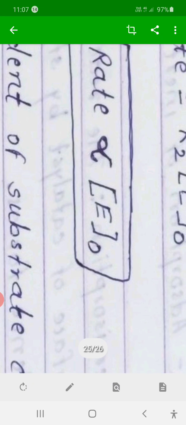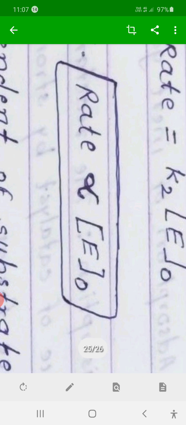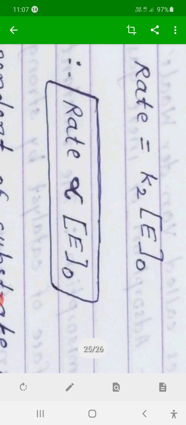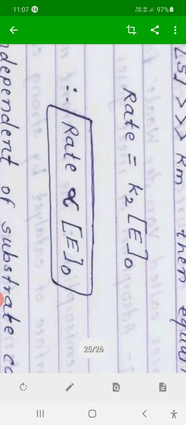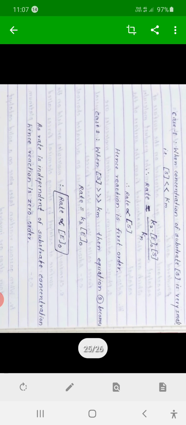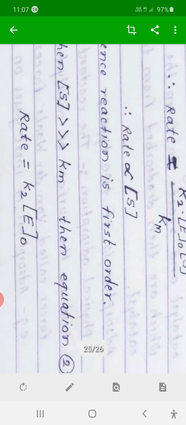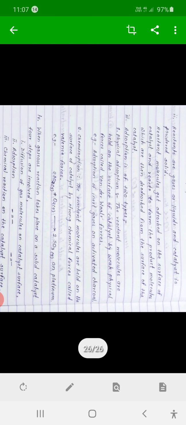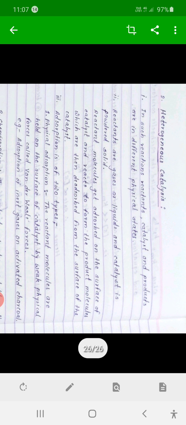Here the rate depends only on enzyme concentration. That means the substrate concentration does not affect the rate, so the reaction is zero order. And in the first case, the reaction depends on substrate concentration, therefore the reaction is first order. This is about the enzyme catalyzed reaction.